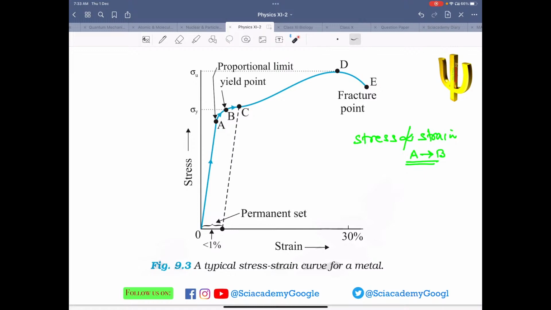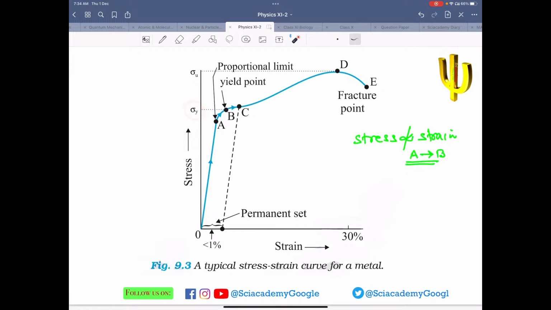And the point B in this curve is known as the yield point, and it is also the elastic limit. That means this value of stress is the limit for this metal, beyond which the elasticity is not restored, and the stress corresponding to this point B is known as the yield strength.